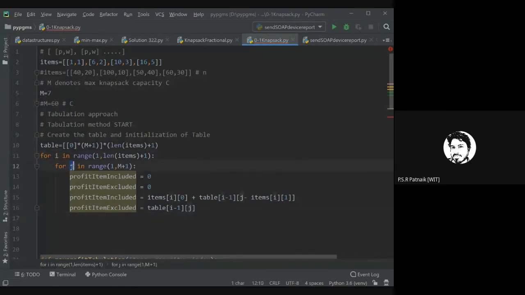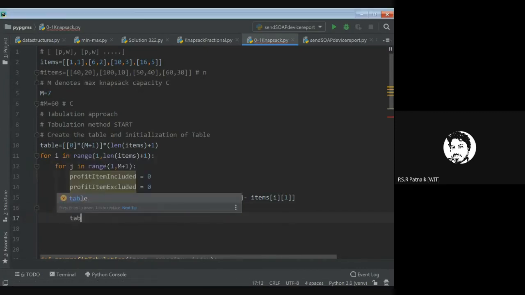J. So you are calculating some value for a specific cell. For that, you are specifically calculating values from what if the item is included and what if the item is excluded, and then you are storing that in the value for the current row.